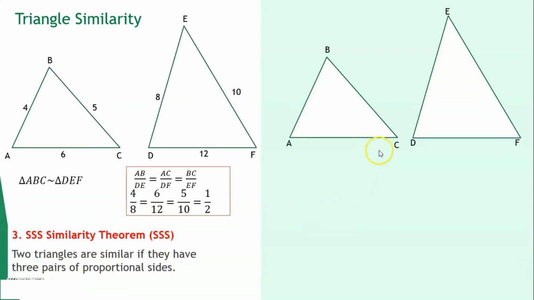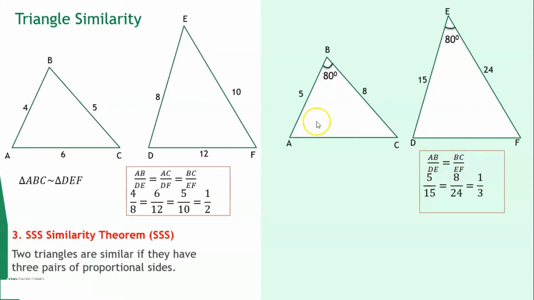Okay, another. We have here sides 5 and 8. For the other triangle, it's 15 and 24. And we have here angles that measure 80 degrees. So again, AB over DE is equal to BC over EF. That would be 5 over 15 is equal to 8 over 24. When you simplify all of this, it will equate to 1 over 3.